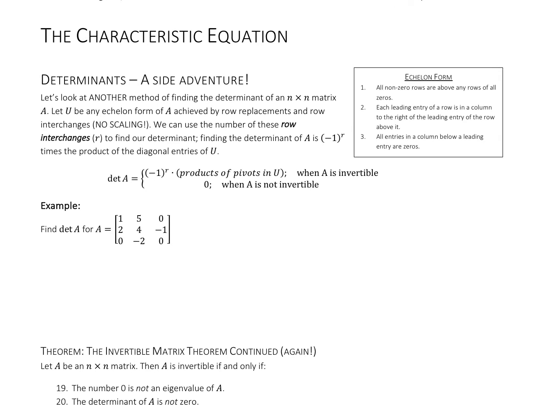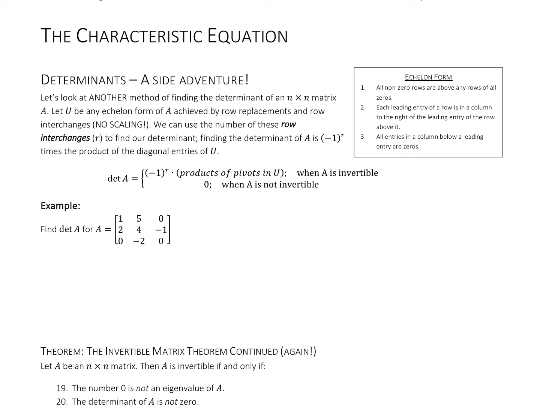Characteristic equation. Before we get to talking about the characteristic equation, we have a fun little side note about determinants and a new way that we can find them. This is based on what we already know about how to find the determinant using our row operations.